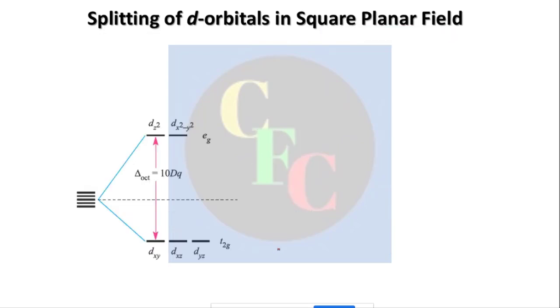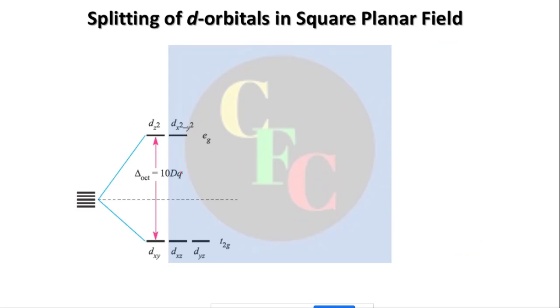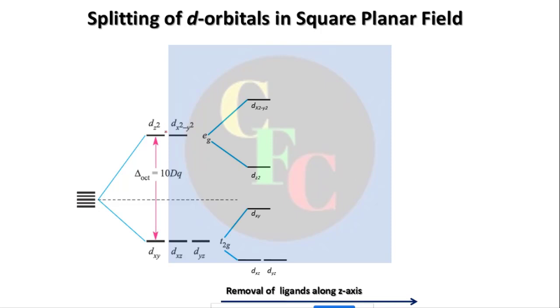Suppose, as we started the picture here with this octahedral complex, we start with the same energy diagram of this octahedral field. Now you are removing the ligand along the z axis. What will happen? The repulsion along the z axis will decrease and the orbitals along the z axis will go down compared to this Eg level, and to maintain the barycenter, this x square minus y square will go up.